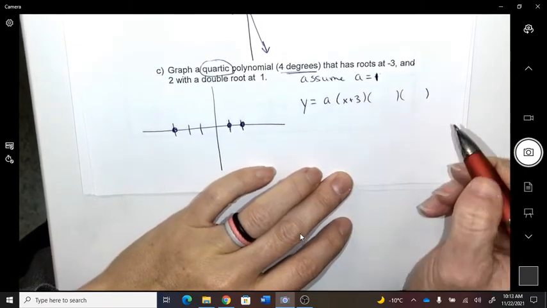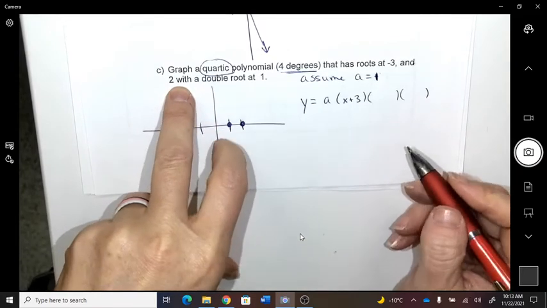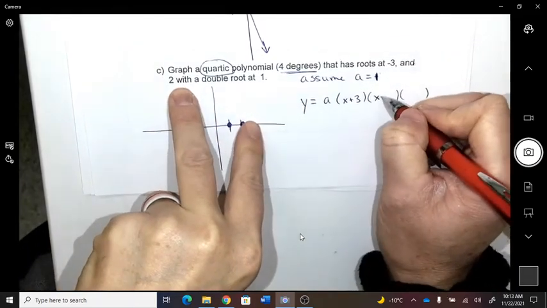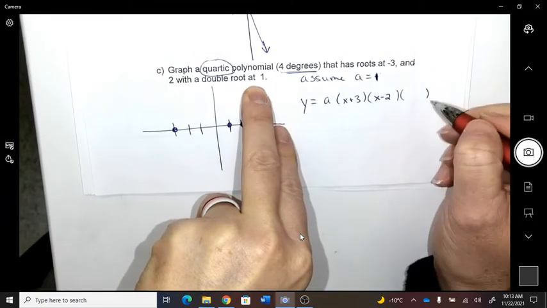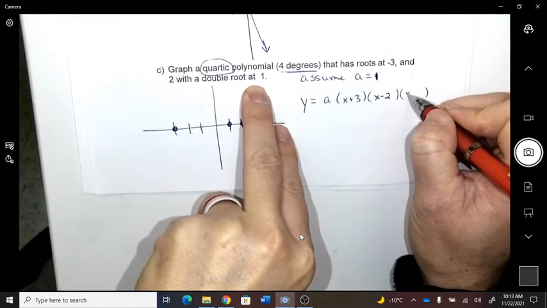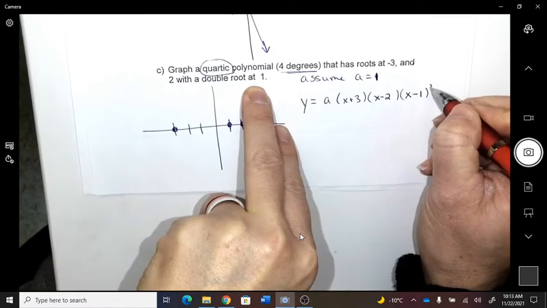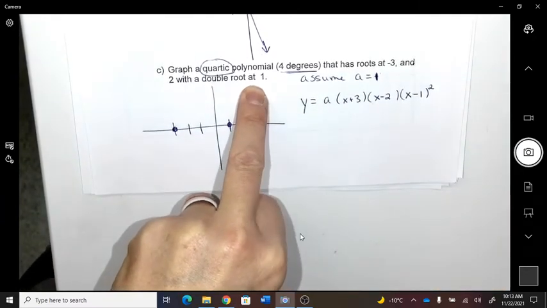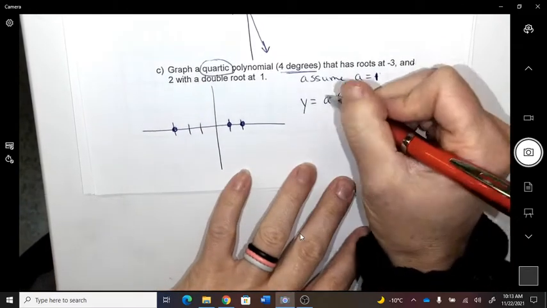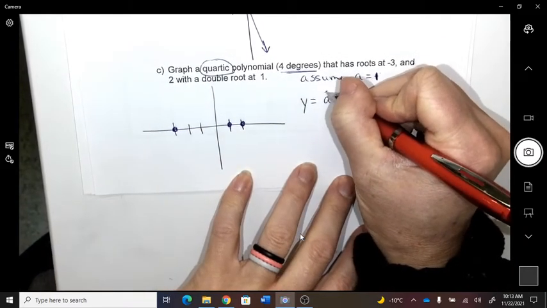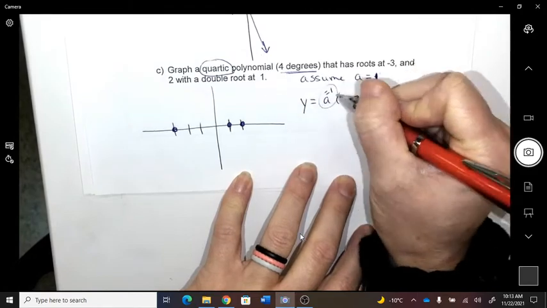X plus 3. There's a root at +2, so x minus 2, and a double root at 1, so x minus 1 squared.